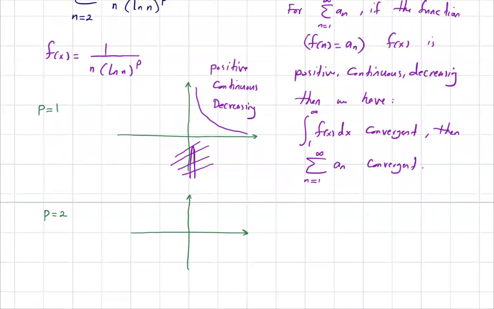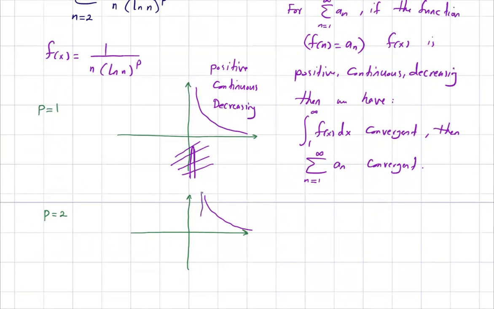Now if you raise it to power 2, the function behaves like this. So the decreasing part stays the same. And for the other part, you indeed have some vertical asymptotes, and the graph behaves like this.